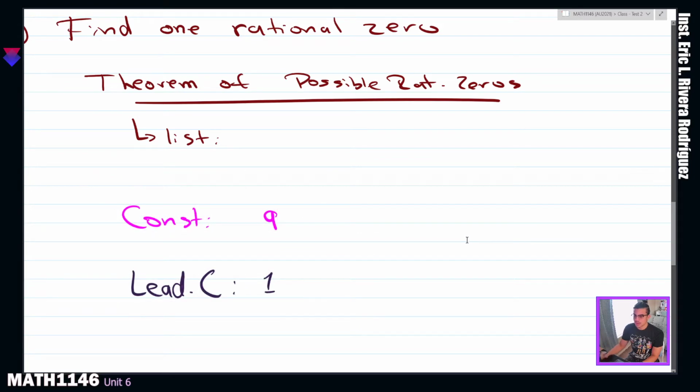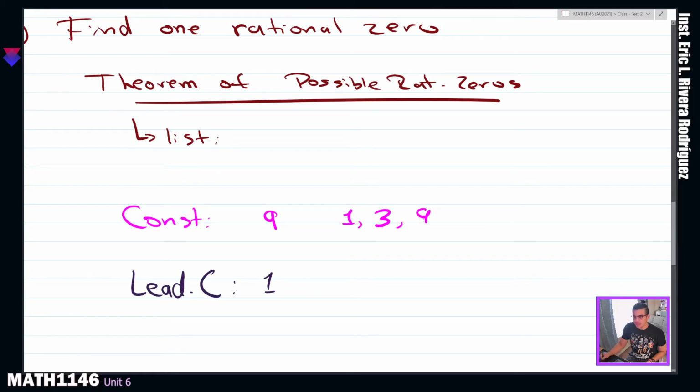Okay. So what are the factors of 9? Can you tell me the factors of 9? Remember about what a factor is. 3 is one factor. Any other factors of 9? 9 and 1.